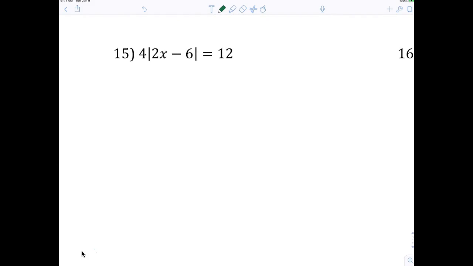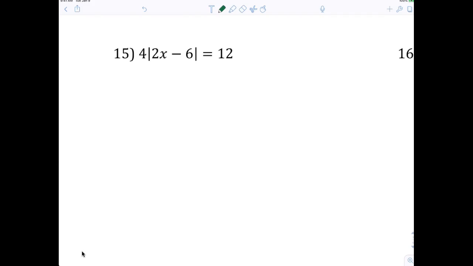Now, what's the problem for this one? The 4 outside the absolute value is a problem. Thank you. So the first thing I need you to make sure you understand and hear me saying is that you need to isolate the absolute value first. You must isolate the absolute value first.